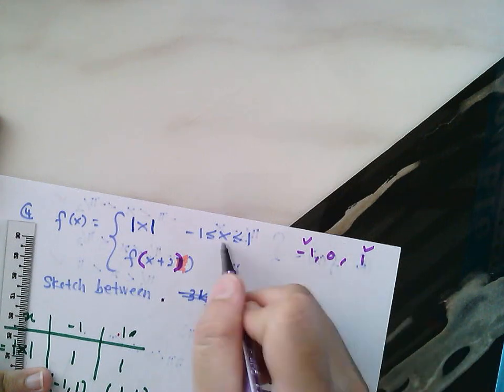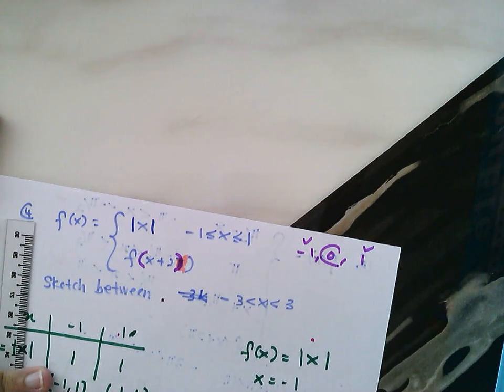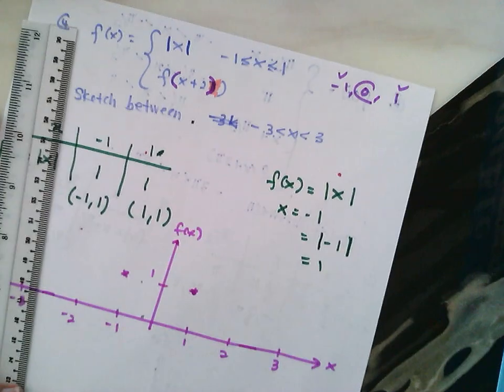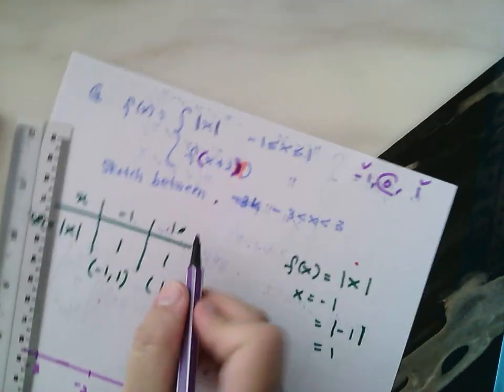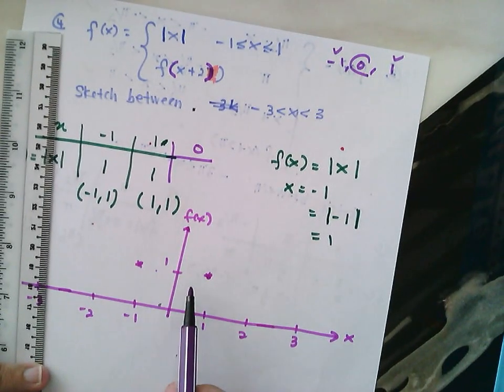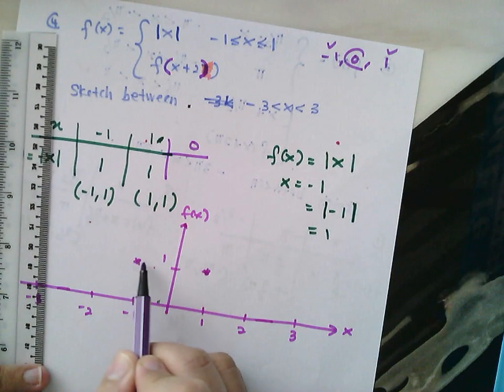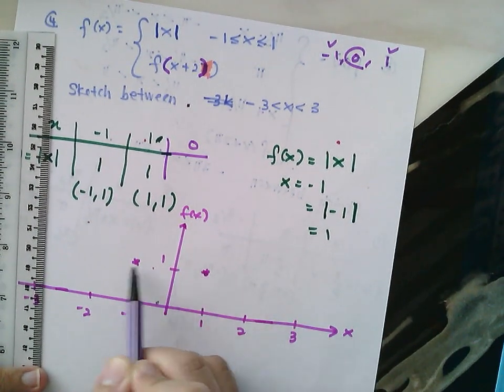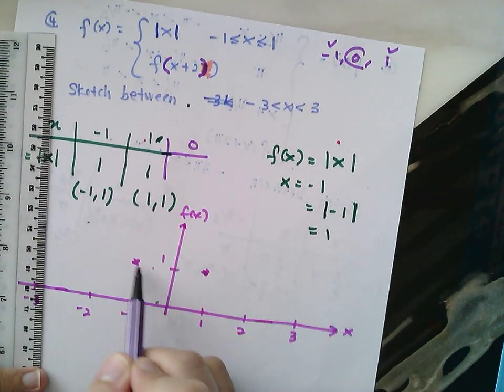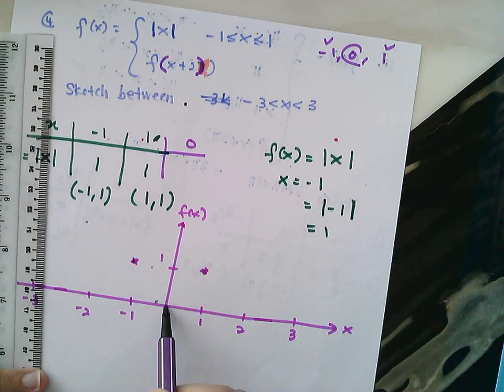Now you are going to consider x equals 0. Why do you need to consider x equals 0? Because you don't know how to join these 2 points. A few of you might do a straight line here, or a few of you will go from here to here first and next to this point.